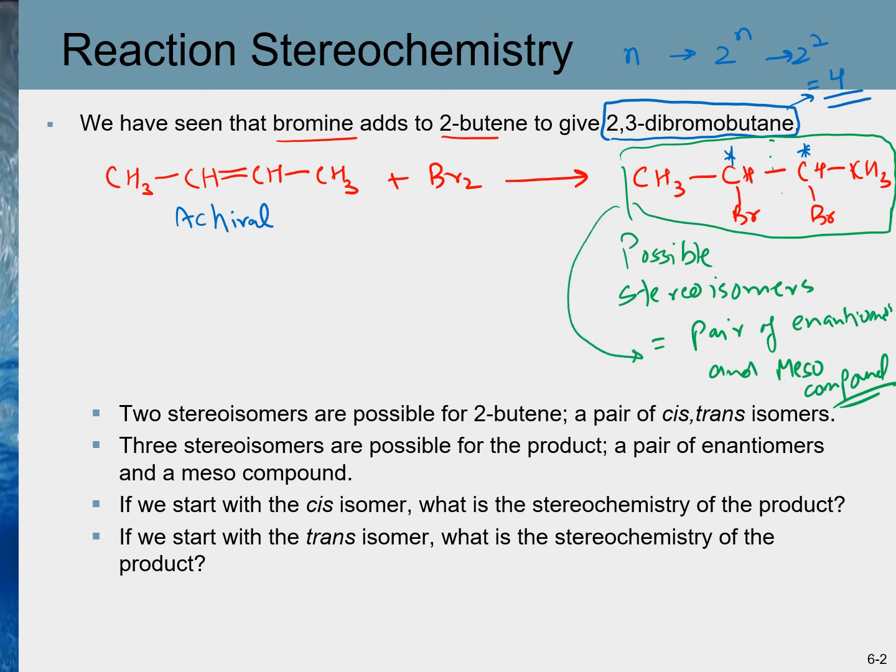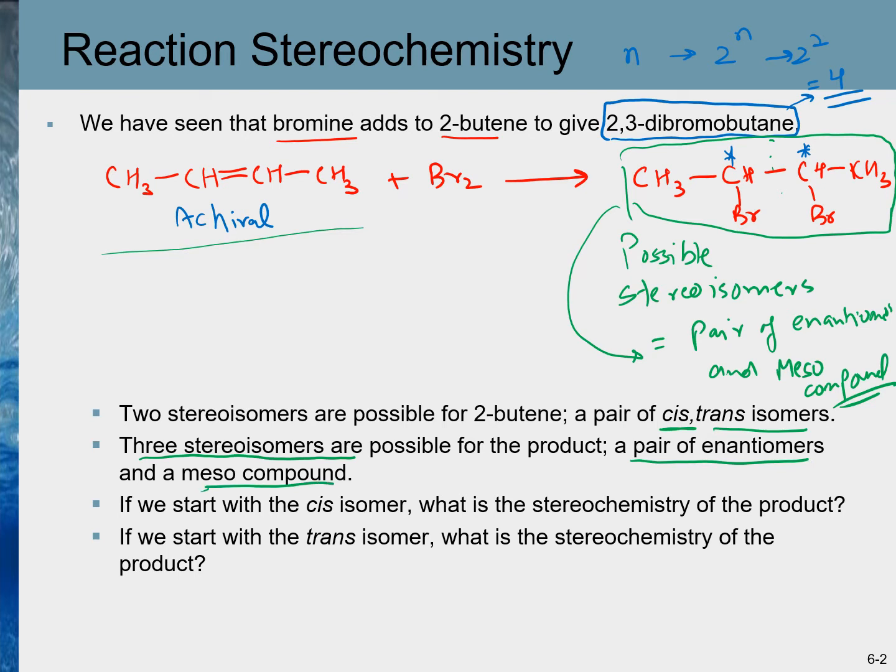Now our starting material, although it does not have any chiral center, can have two stereo possibilities. It can be either cis-2-butene or trans-2-butene. And the final product has three stereoisomer possibilities, as I mentioned: a pair of enantiomers and a meso compound.